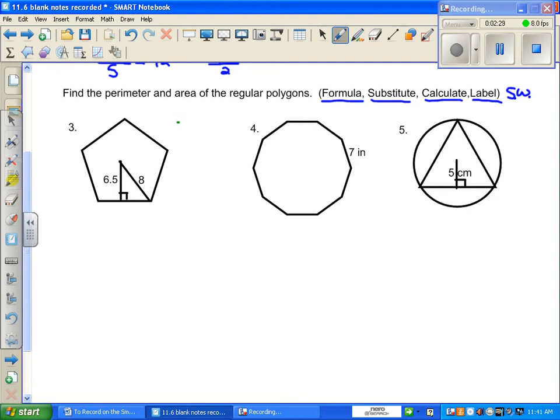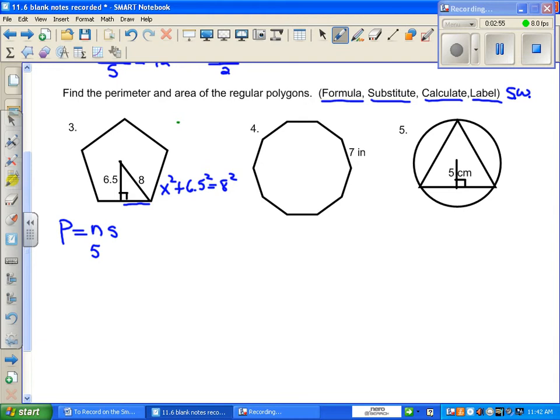Alright, for the first one, if we want to find the perimeter, it's the number of sides times the length of each side. The number of sides in this regular pentagon is 5. The length of each side, we have to figure this out. So we are looking for one side of the right triangle. Doing the Pythagorean theorem, you have, let's call that x squared plus 6.5 squared equals 8 squared.